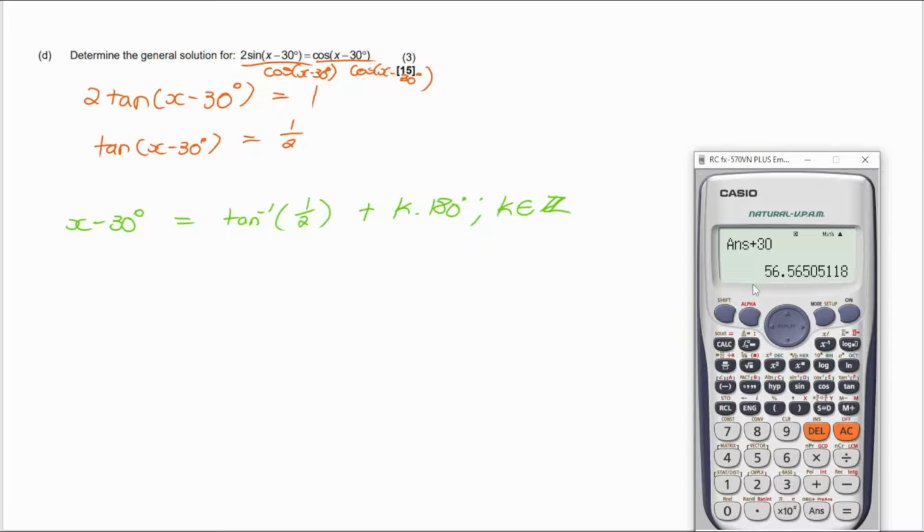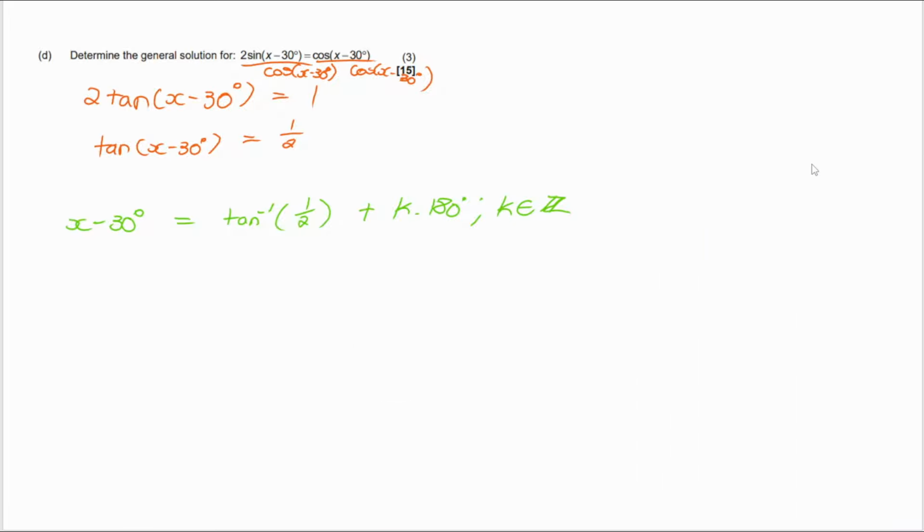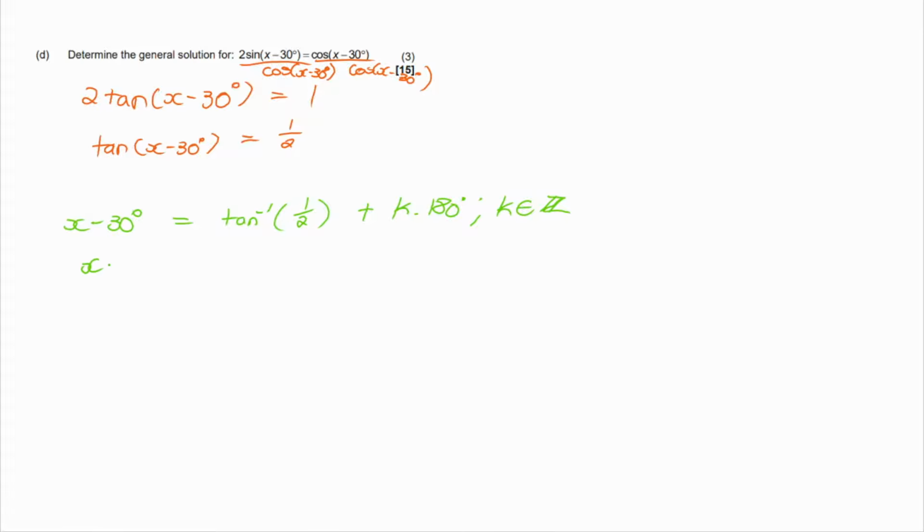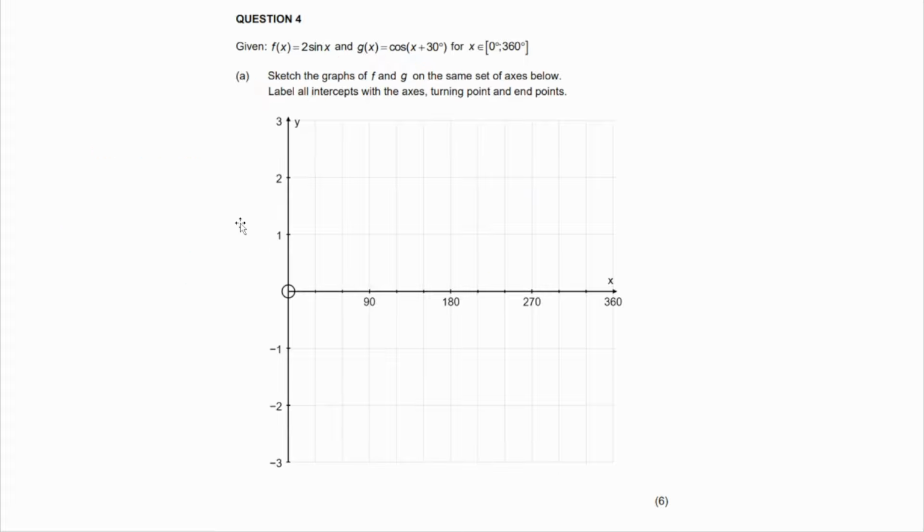I'm going to get 56,6, so x is equal to 56,6 degrees plus k 180, k is an element of integers. Really, those are really messy, but yes, that is what we have over there.